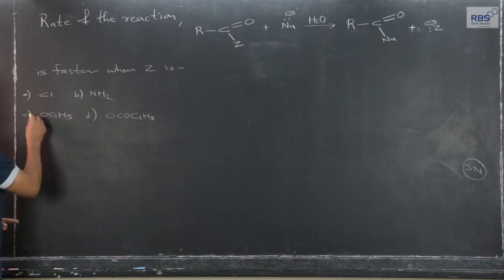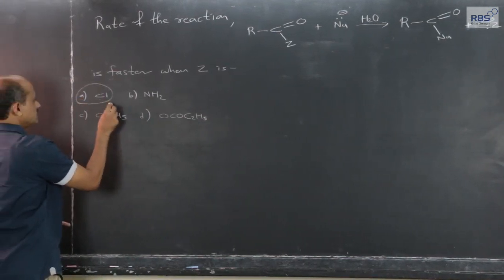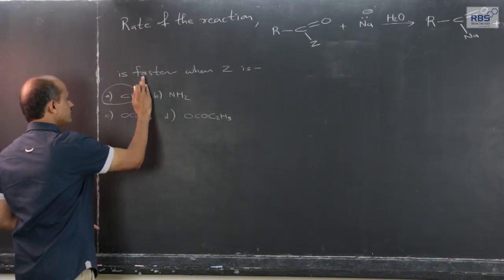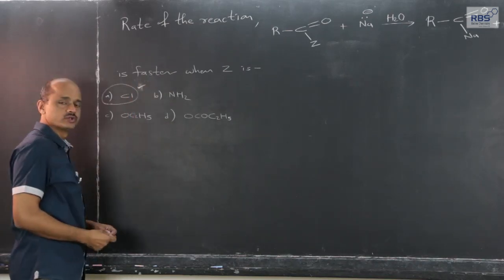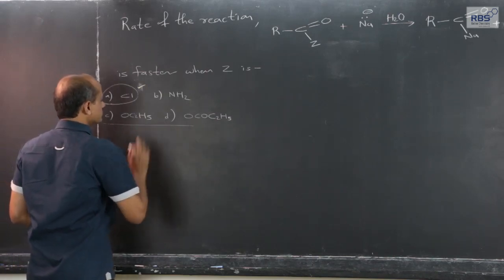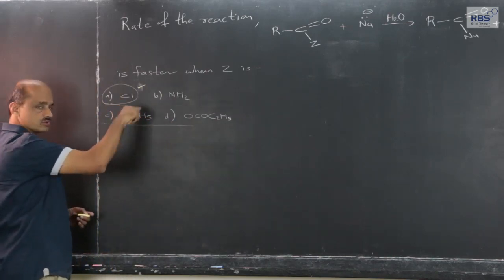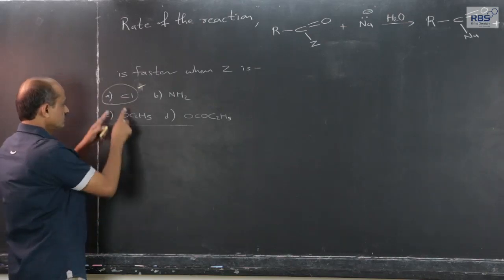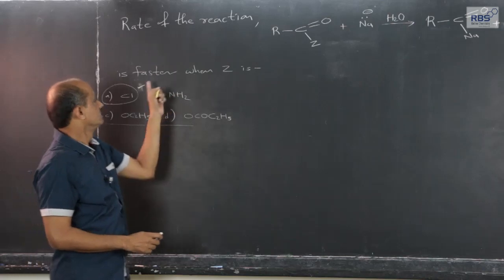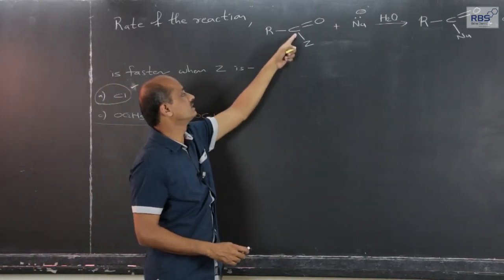The reaction is faster for this. Here I will directly answer first and then explain. The reaction is faster for this when it is chlorine. The reason is very simple. The simplest explanation, because among these four, here they have shown in the form of the atom or group, because it is part of this covalently bonded.